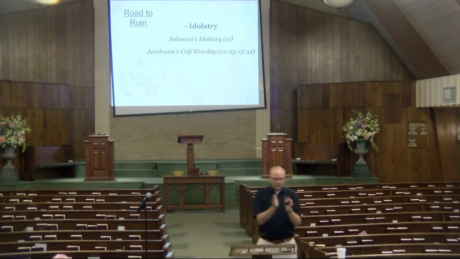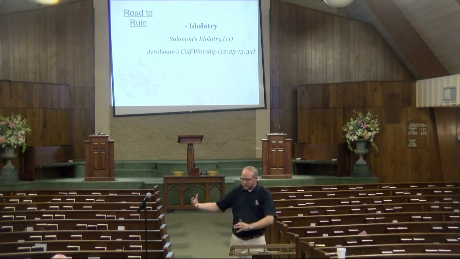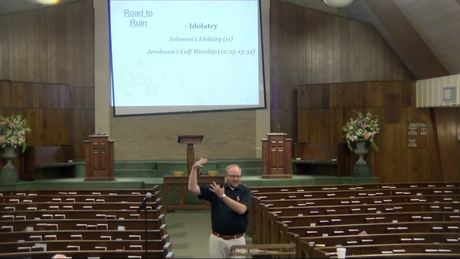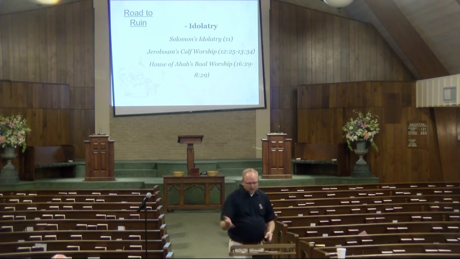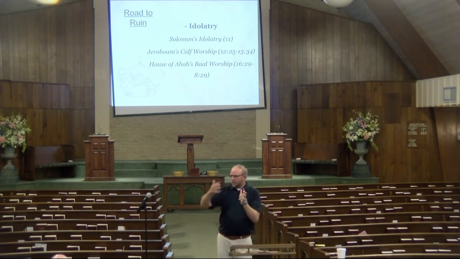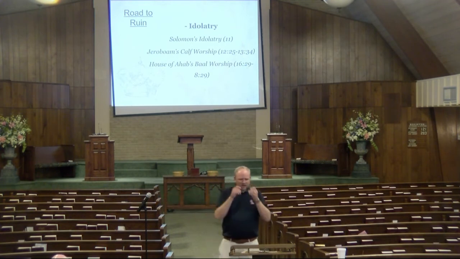So it goes from Solomon just doing something for his wives and their temple to now you've got the kingdom broken in two, and that kingdom has set up a national religion that's antagonistic toward the God of Israel. Now, where we've spent a great deal of time looking at the house of Ahab, they've instituted Baal worship. It's gone a step further. So they're taking progressions in their idolatry.